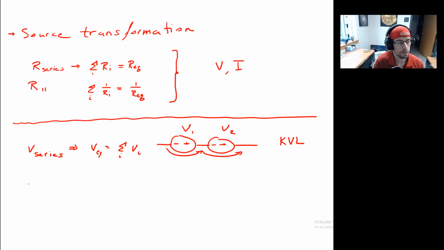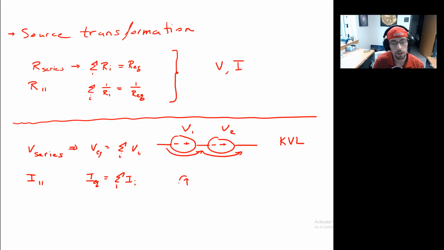How about this one? What happens if I have current sources in parallel? How do I deal with that situation? Hopefully you see again that if I want an equivalent source, I would again just simply take the summation of the individual current sources.